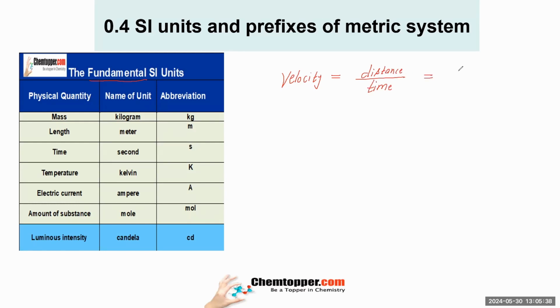Distance is measured in meters and time is measured in seconds. So what is the unit of velocity? Meter per second. Another example is volume. These are derived units obtained by using the fundamental units.